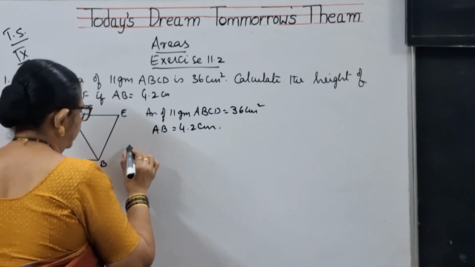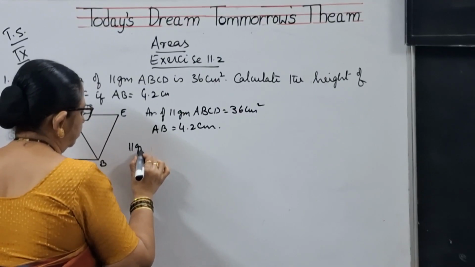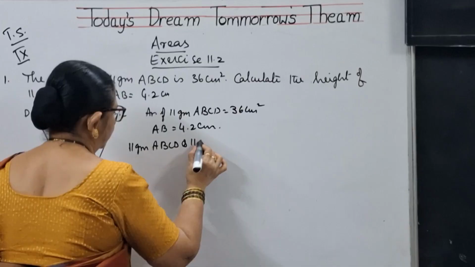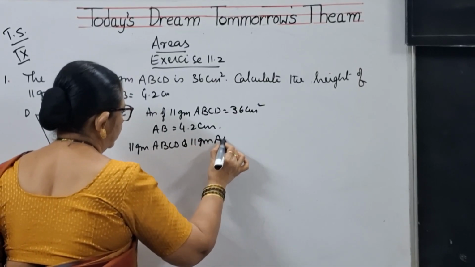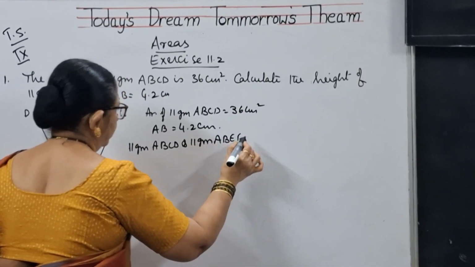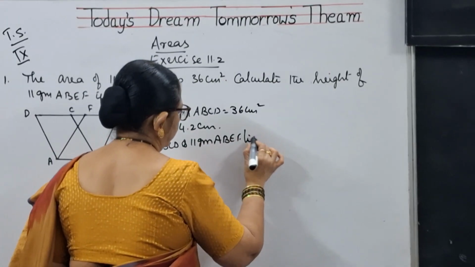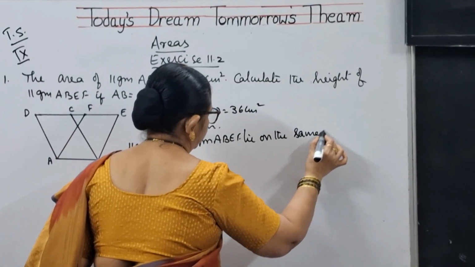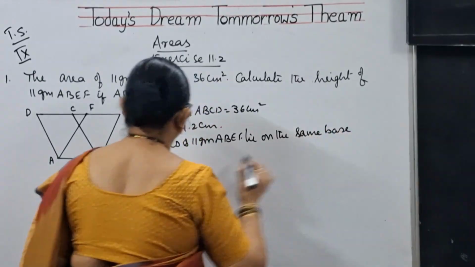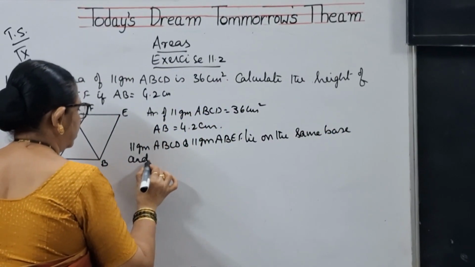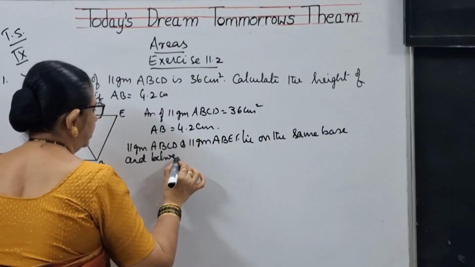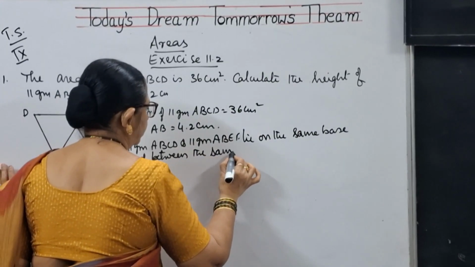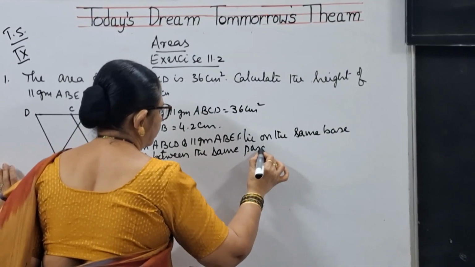So, we say that parallelogram ABCD and parallelogram ABEF lie on the same base and between the same parallels.